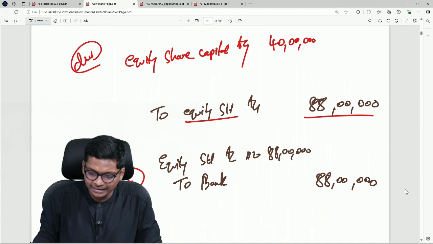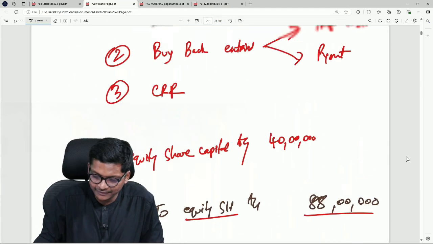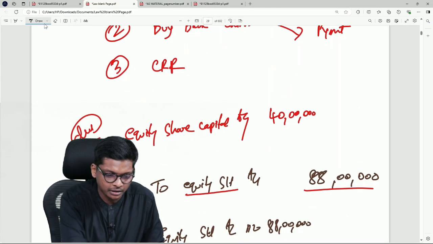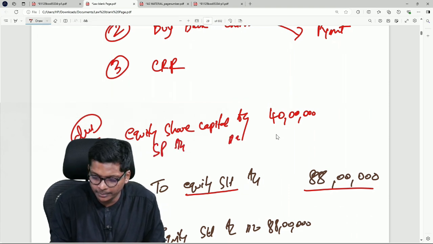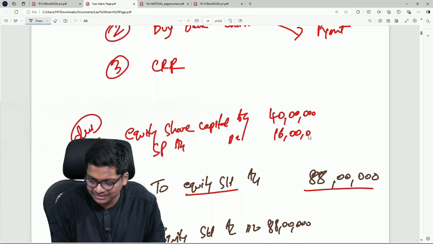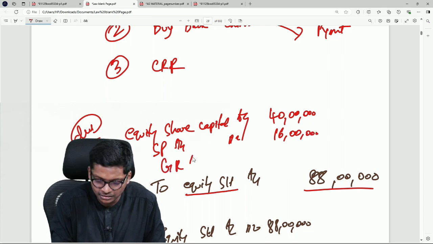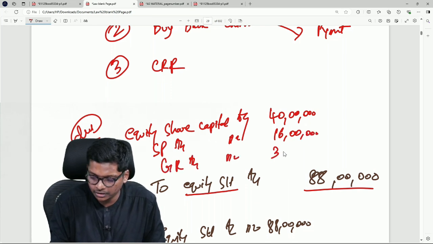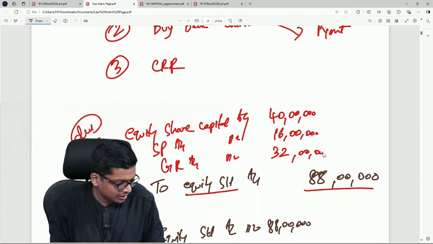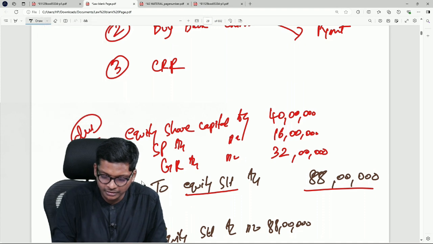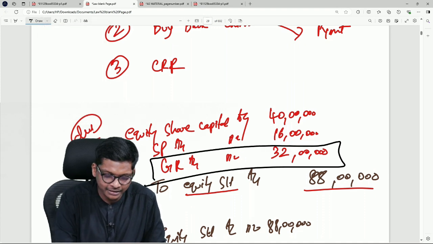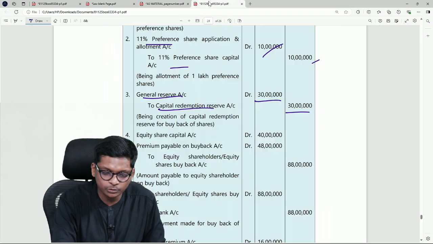So that is how my entry will look here, guys. Securities premium account debit 16 lakhs. Therefore, balance general reserve account debit 32 lakhs will come here. So the total debit to my general reserve is going to be 32 lakhs here plus 30 lakhs for transferring to CRR. 62 lakhs will be debited.